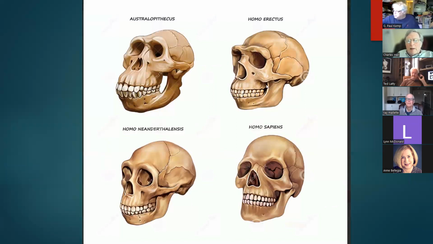Now, here are some other looks at our teeth receding, our face becoming flatter, our cranium becoming larger. And in fact, as our head became larger and larger, it became an increasingly difficult process for a baby to pass through the birth canal. One of the things I learned back in my anthropology class is that the bones of the head in an infant being born will slip.